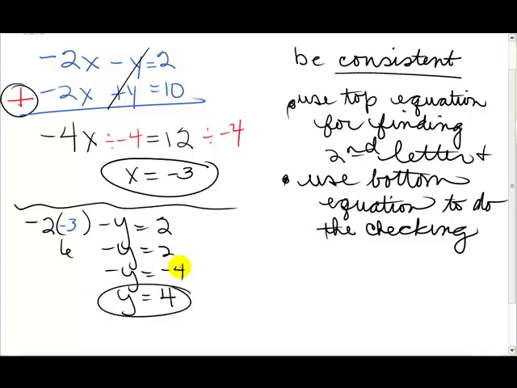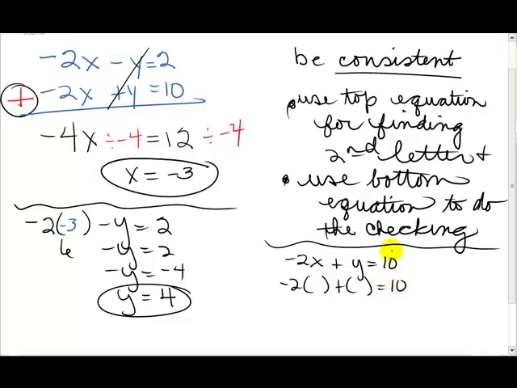And so we've got x equals negative 3 and y equals 4. And then let's check that. So in the other equation, negative 2 times x plus y equals 10. X is negative 3 and y is 4. That's 6 plus 4. 10 does equal 10. So then we know that we've gotten it correct.